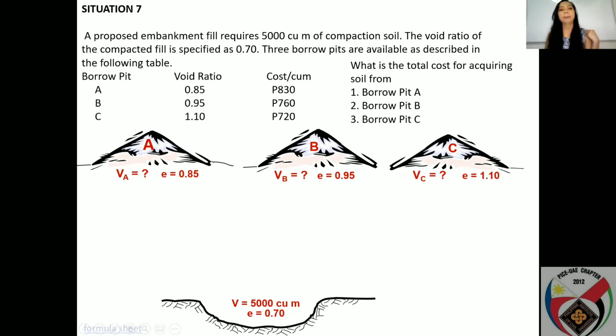The first step, when the problem is about borrow pits, is to get the porosity and void ratio. That's all that's in play: porosity, void ratio.